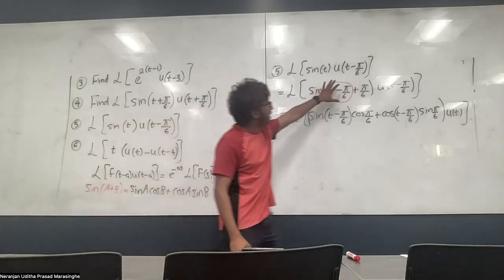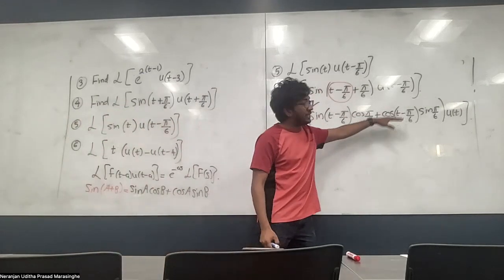Any questions so far? This is A, this is B, sine A cosine B plus cosine A sine B.